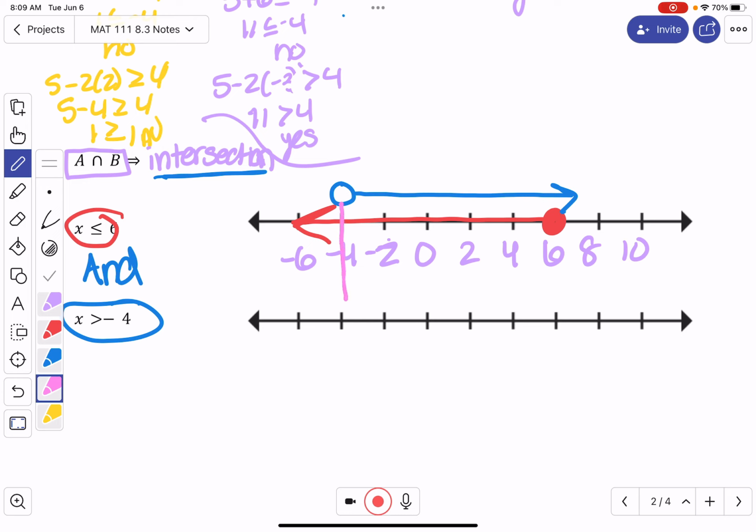So we only draw what overlaps. We take those endpoints and draw the line in between. In interval notation, that's an open circle at -4, and this end is a closed circle at 6, so we put a bracket. The pink is the intersection of those two.